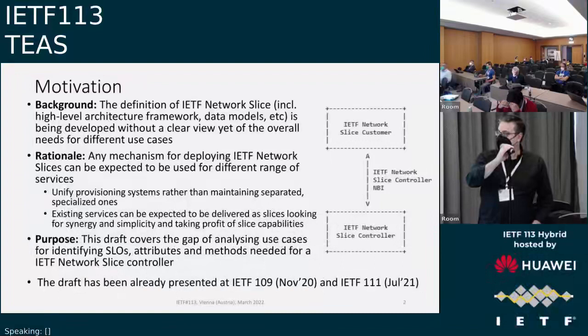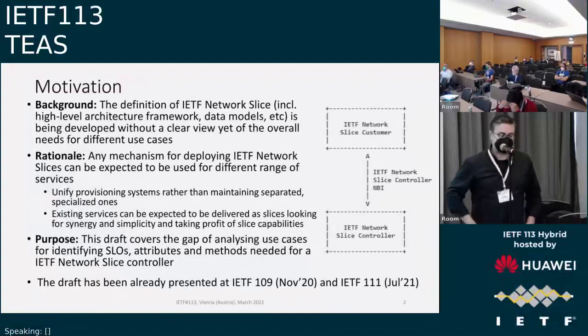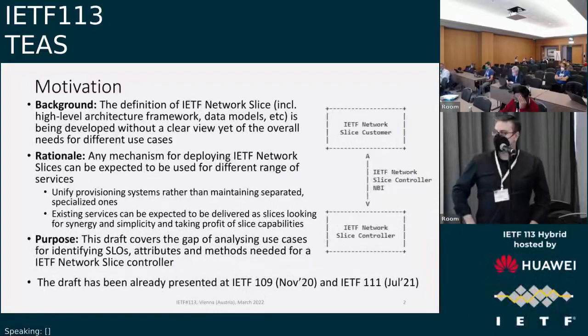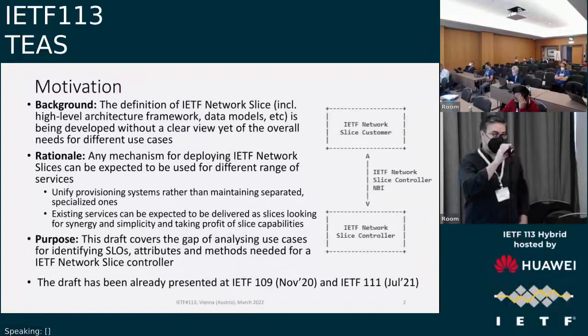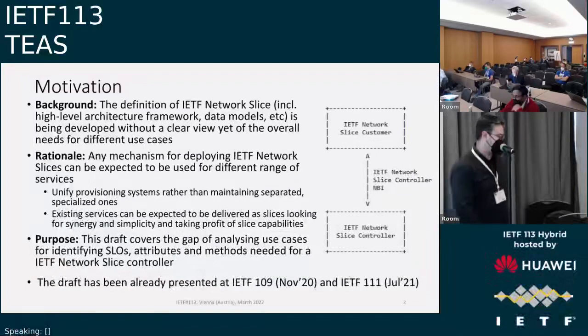The purpose of the draft is to cover that gap analysis in terms of use cases, identifying SLOs or SLEs, attributes and methods that could be needed for requesting the slices towards the IETF network slice controller. The draft has already been presented in previous IETFs, so this is just an update on the progress.